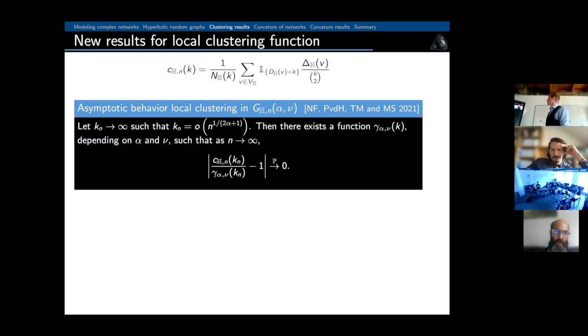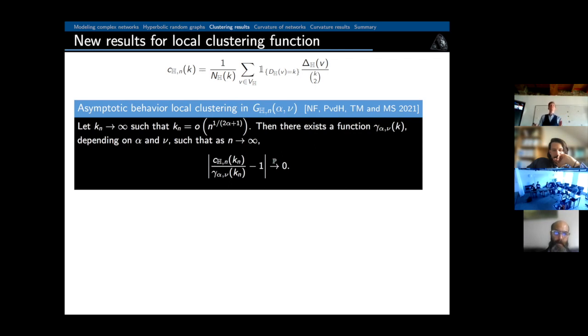So what this result tells you is that if you look at the local clustering function for a graph of size n, for some sequence of integers k that can also grow with n, then there is a limit function such that the fraction of these two things are basically asymptotically equivalent in the probabilistic sense, meaning that if you take the fraction and subtract 1 from it, that thing converges to 0.